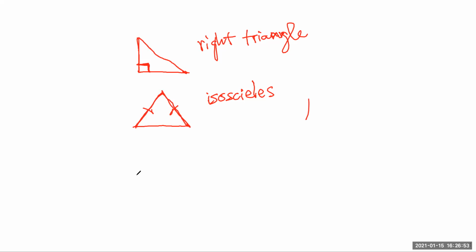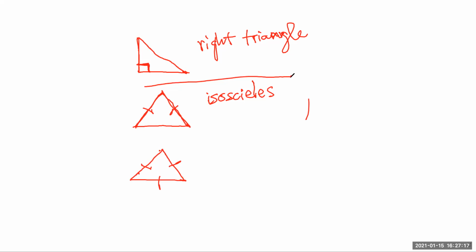And of course, we only have all sides congruent, and this is isosceles triangle.